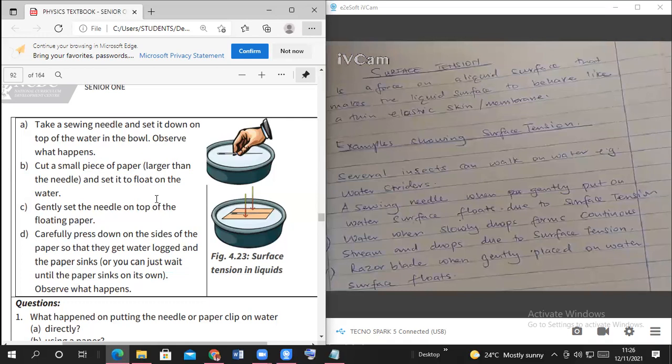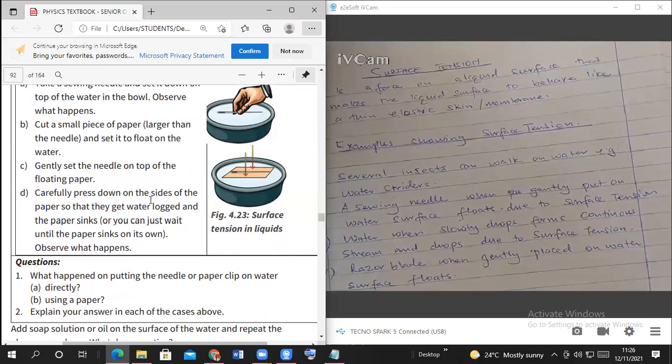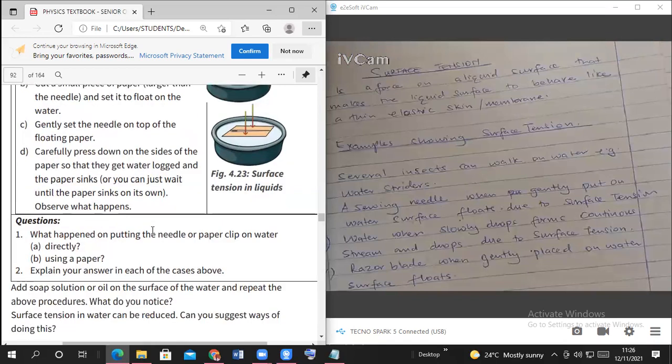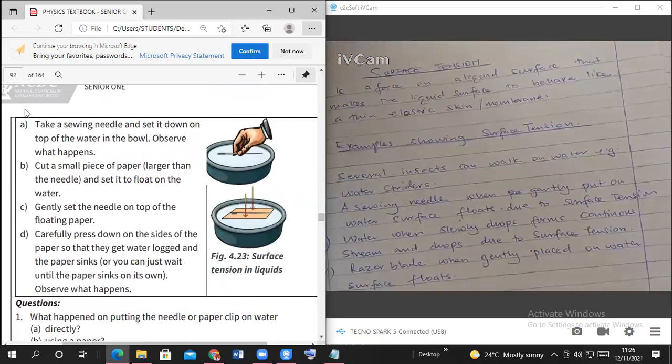The needle will remain floating on water while the paper will sink to the bottom. They are saying to carefully press down the sides of the paper so that they get waterlogged and the paper sinks. Or you can just wait until the paper sinks on its own and observe and tell us what happens. So I want you to try out this experiment at home.